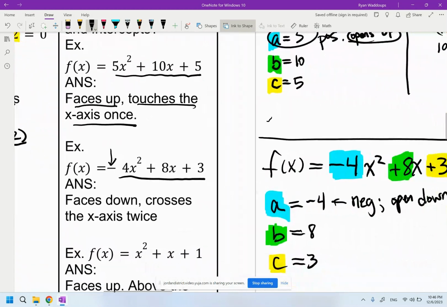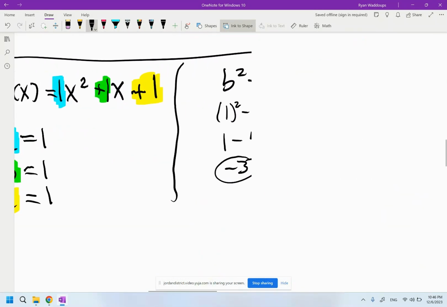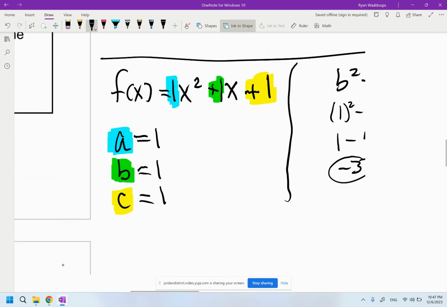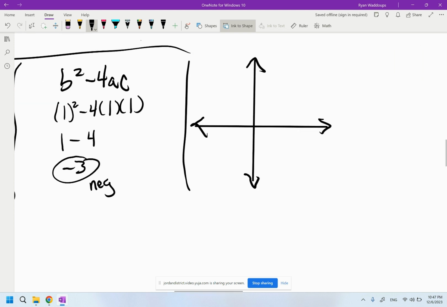So in this example, we can say, again, because a is equal to 1, and that is positive, we can say that this opens up, because when a is positive, it opens up. And so we don't know exactly where it's going to happen, because that's not information that we get from the discriminant.